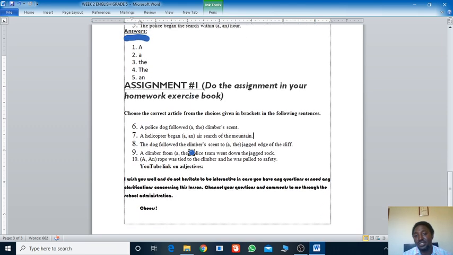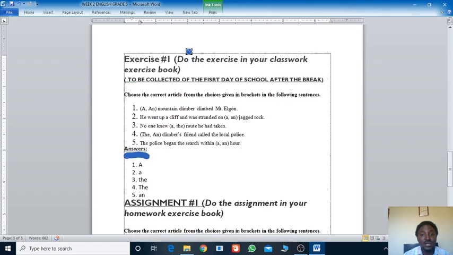So there's an assignment here which I hope is going to be done, and it should be done. It's just 5 questions, number 6 up to 10. So you just do it the way we have done the class work before.